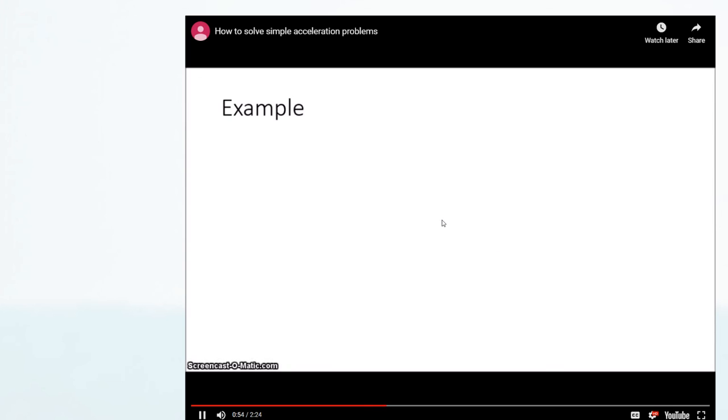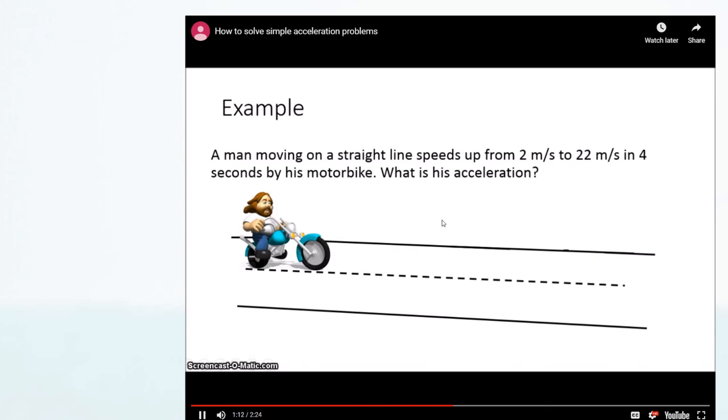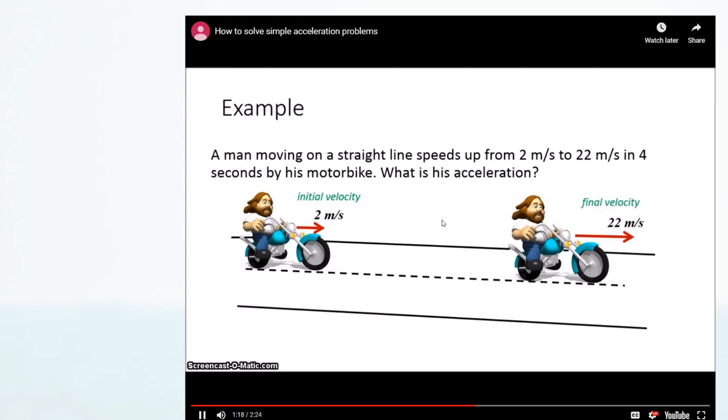Let's see how we use this formula on a problem. In this problem, there is a man moving on a straight line, and he will speed up from 2 meters per second to 22 meters per second in 4 seconds, and we are supposed to find his acceleration. So basically, his initial velocity is 2 meters per second, and his final velocity is 22 meters per second after 4 seconds.